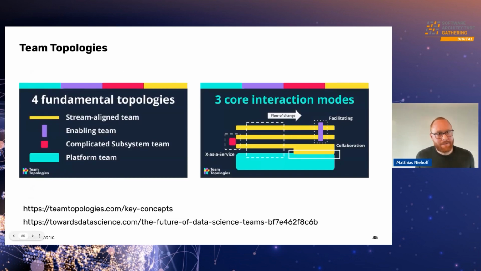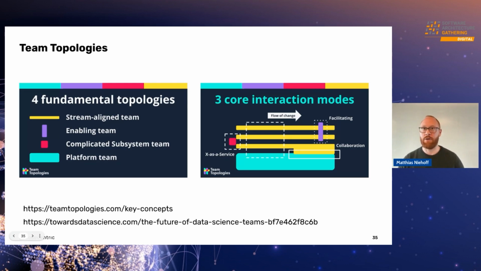And I guess this is not too new, team topologies. This applies also to the data stuff. So having stream-aligned teams creating the data, and how the data fits in here. We have enabling teams helping people providing data. We have a platform team maybe providing the platform for providing the data by easy means.